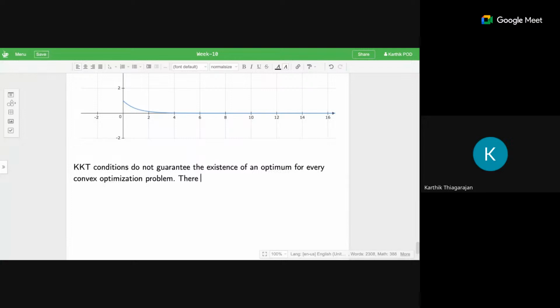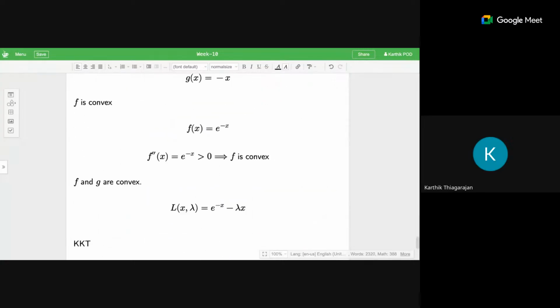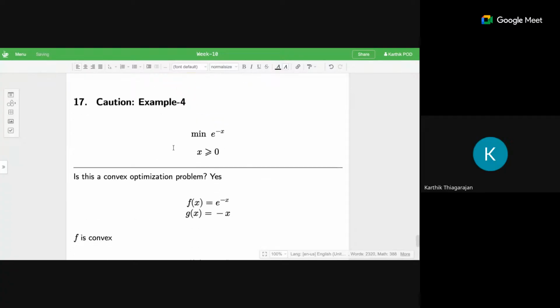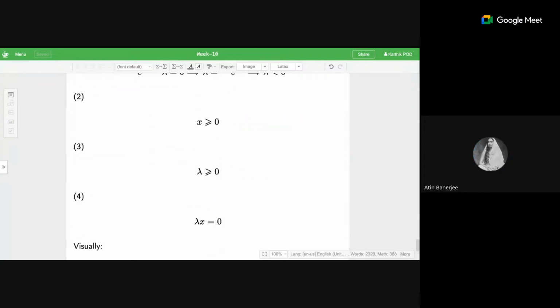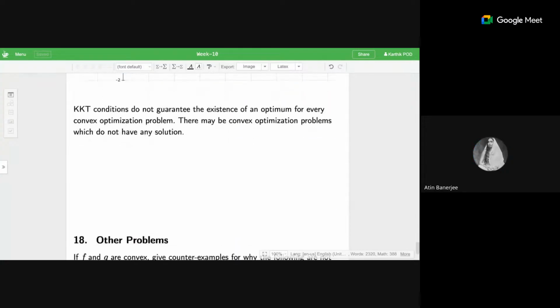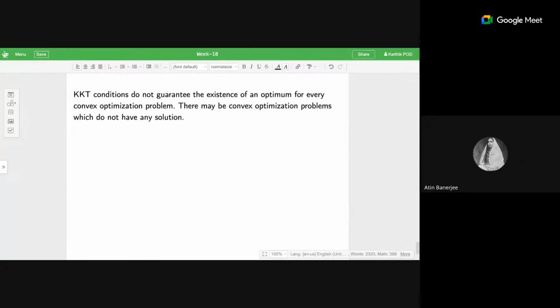So there may be convex optimization problems which do not have any solution, like this example, right? So this does not have any minimum. If you try to solve this problem, you will realize that there is no minimum. Okay. So basically, you're saying that it meets the KKT conditions, but still it doesn't have a minimum.